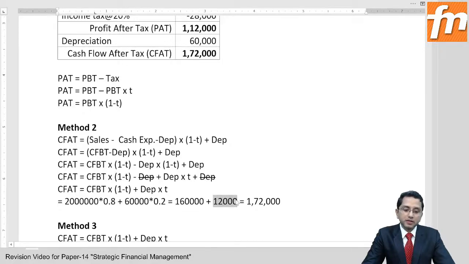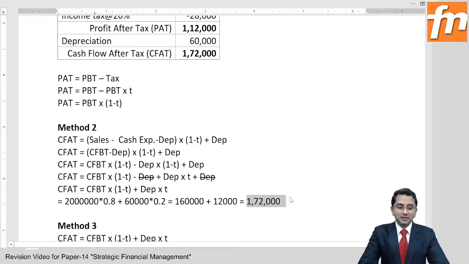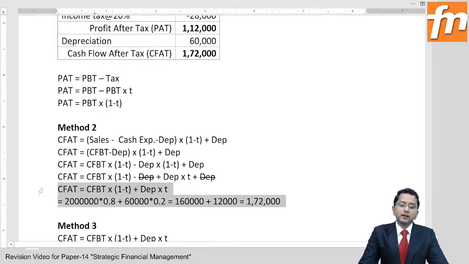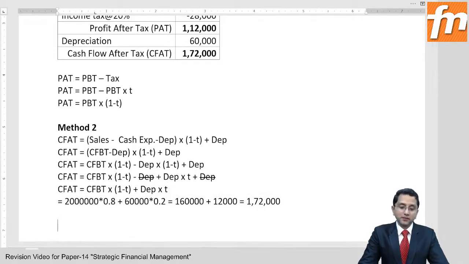Tax benefit on depreciation is 12,000. Total is 1,72,000. Oh, same. Which one to use? Obviously, this one. This is shorter.